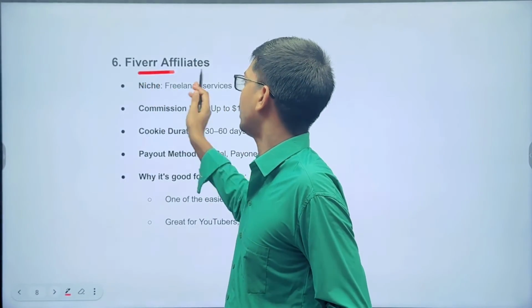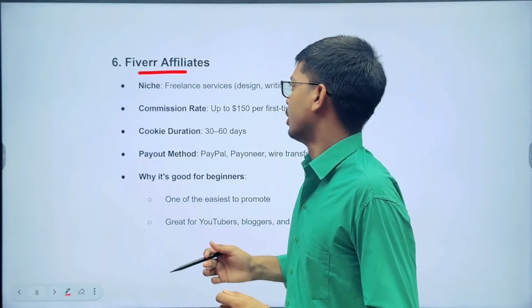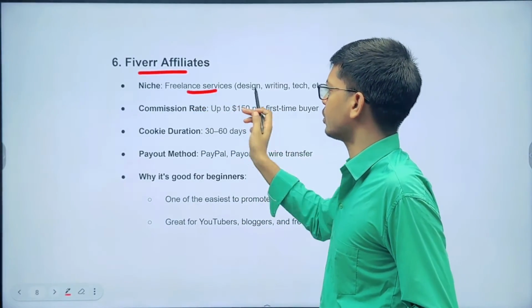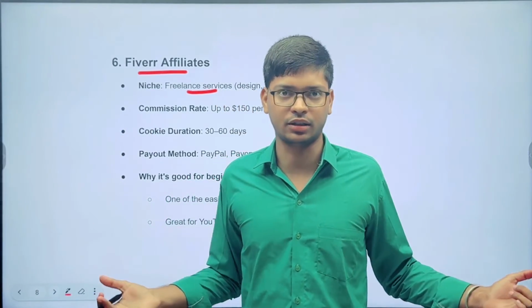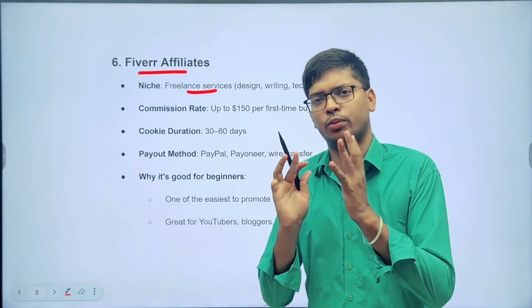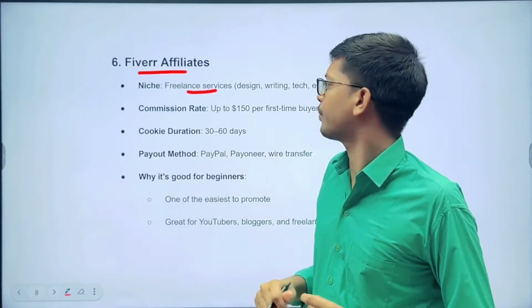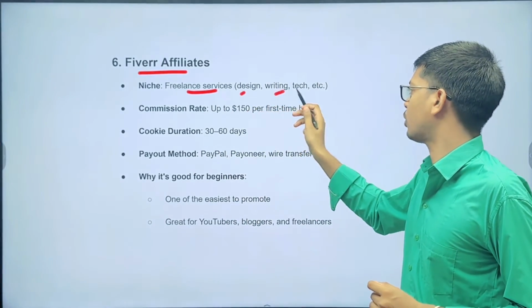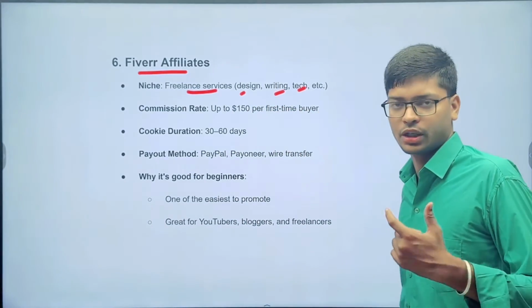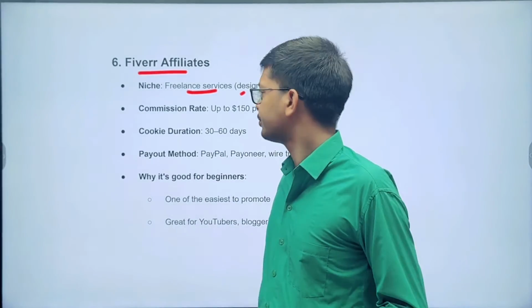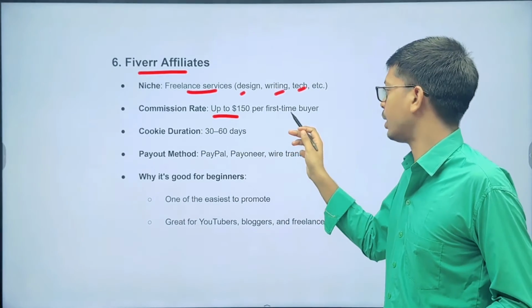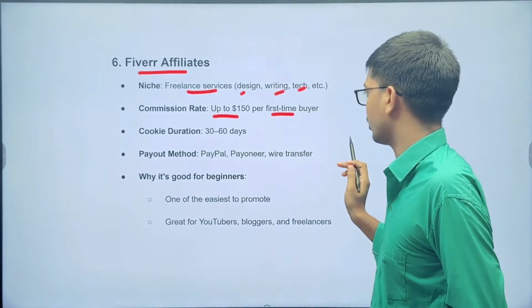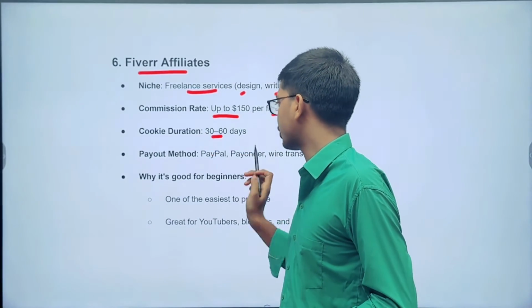Next, Fiverr affiliates. Freelancing services are available on Fiverr affiliates. If you want to start freelancing, I think you must join this platform. There are design related, writing related and tech related services you can provide. Commission rate is up to $150 per first time buyer. Cookie duration is 30 to 60 days.